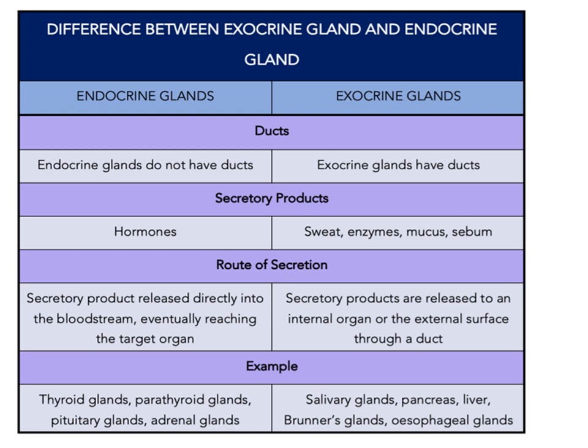For endocrine glands, of course, we can say several examples: thyroid gland, parathyroid gland, pituitary gland, adrenal gland, etc. For exocrine glands, a few examples given here are salivary glands, pancreas, liver, Brunner's gland, esophageal gland. These are a few examples of exocrine glands.